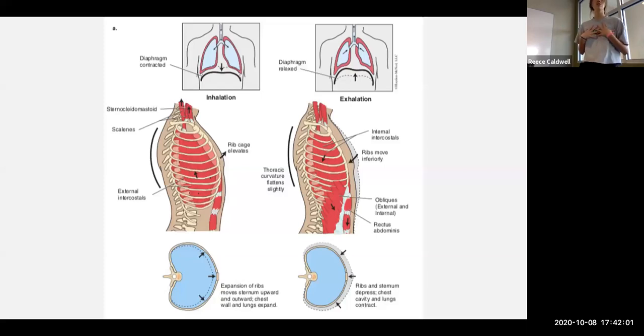With the intercostals, anytime you hear the word costal, that means ribs. So like the costal bones or the rib bones. The external intercostals are these muscles that sit on the outside of the ribs. And whenever you breathe in, they pull out. So together, the diaphragm and the external intercostals move like this.